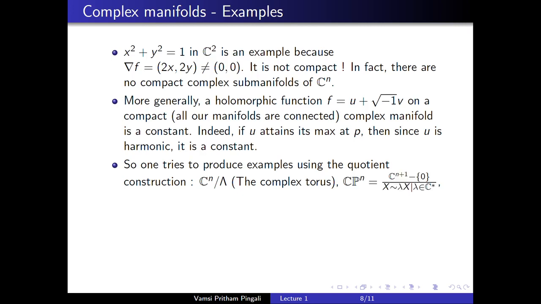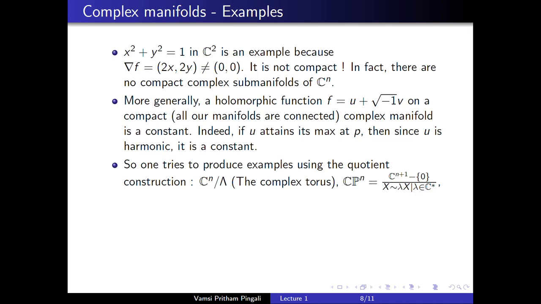Now this example is a little harder to see that it's a complex manifold, and I'll discuss this in a little more detail in a moment. So if you take Cn+1 and take all one-dimensional complex vector spaces through the origin, which I'll call lines through the origin, it's reasonable to call them that. This set can be endowed with a manifold structure.